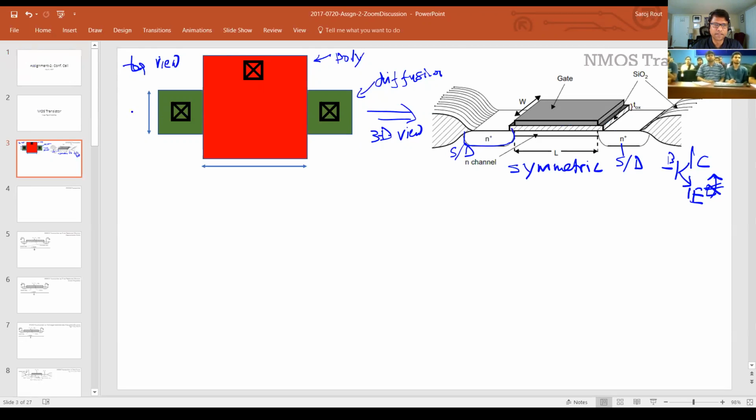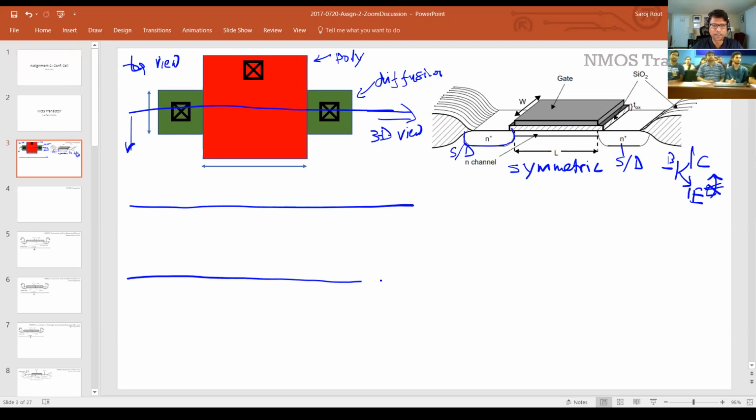Now, if I just do a cross section of this, you usually have what's called a substrate, and that's your main wafer. The entire wafer, like a giant wafer, is something called a P minus substrate. Then you have this N plus region, then another N plus region, and then what's called a thin oxide, a very thin oxide layer.